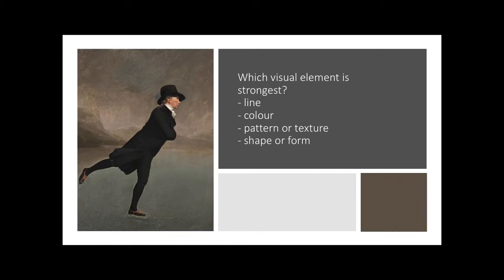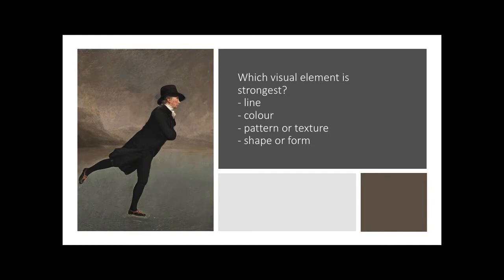So, which visual element is strongest? There is no right or wrong answer here. When we do this in class, there's always somebody who has a different opinion, and that's absolutely fine. Okay, so there's 4 visual elements we're going to look at. So imagine you've got your visual element gallery and you've got 4 rooms, and you've got to decide in your gallery where you're going to put this piece of artwork. Are you going to put it in the line room? Do you think this piece of art is all about line?